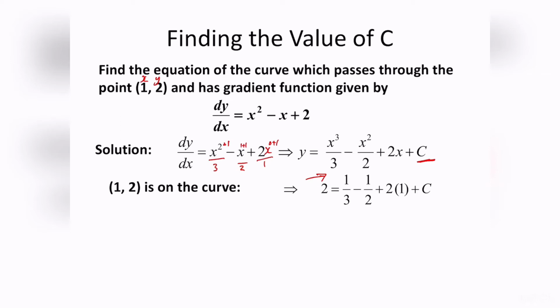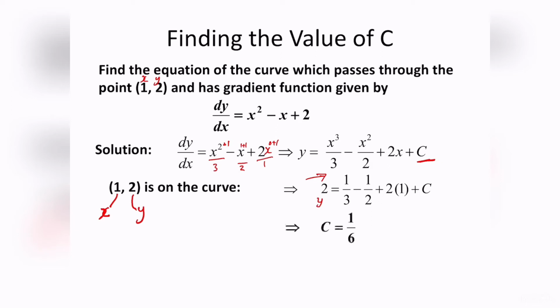So if we substitute 1 for x and 2 for y, then we have all the numbers here except c, which we don't know. After adding, subtracting and rearranging, we will get the value of c here, which is 1/6.